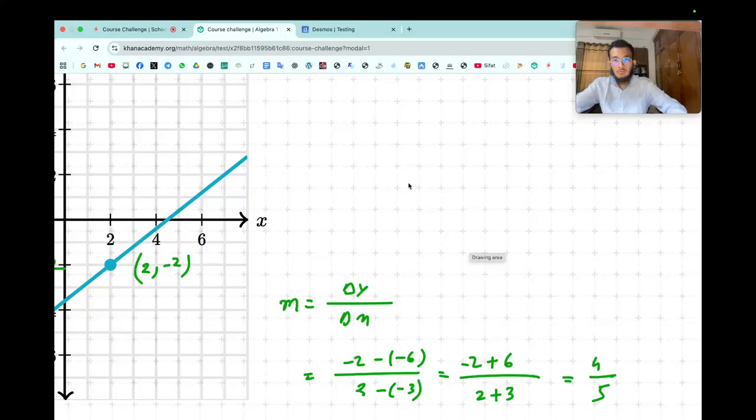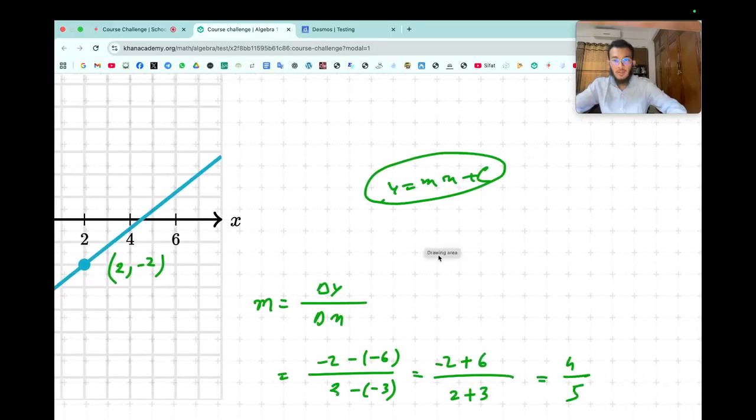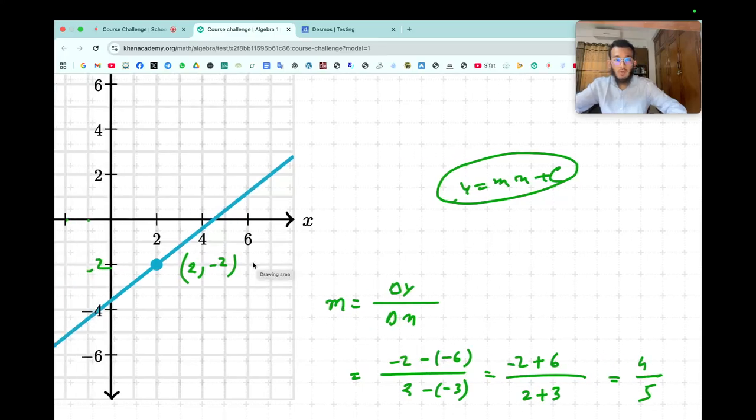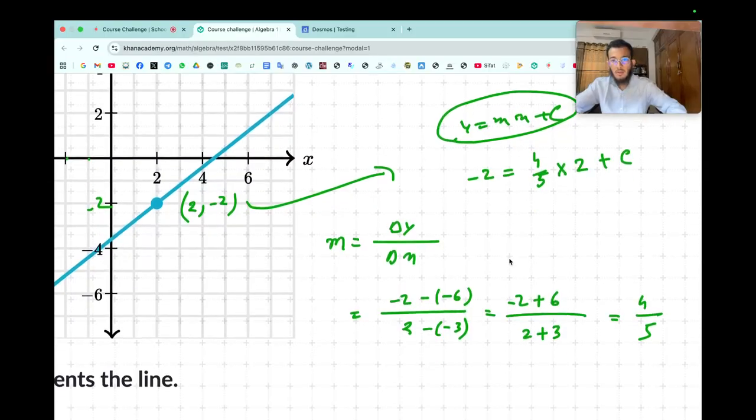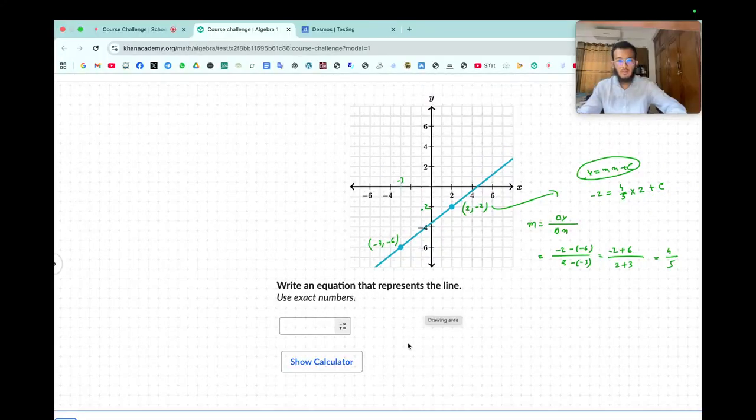So we know that y equals mx plus c, the standard linear equation format. We have the slope, which is 4 upon 5. So we can plug in one point. For y, we have negative 2 equals m, which is 4 upon 5, times x, which is 2, and then plus c. So from here, we can find c. We have a calculator.